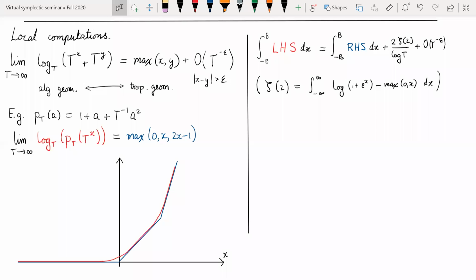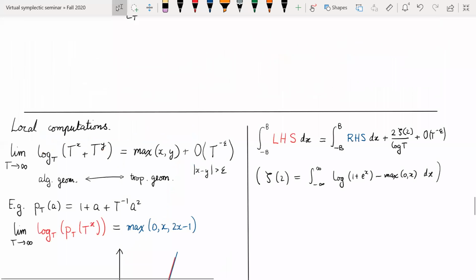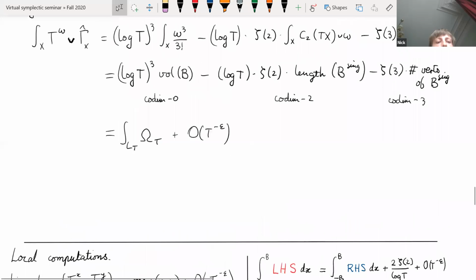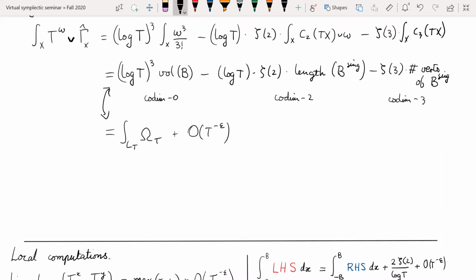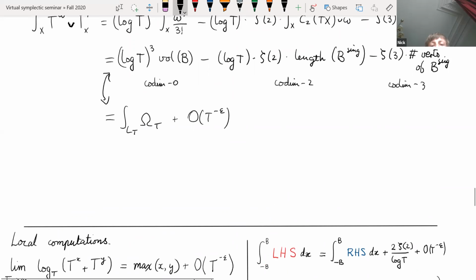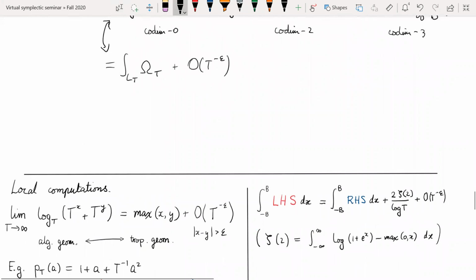Did you actually explain why this period integral over the Lagrangian is this number? I missed that part completely. Like this step here? Yeah, the last equality. No, that's what I'm about to explain. That's the content of the remainder of my talk.